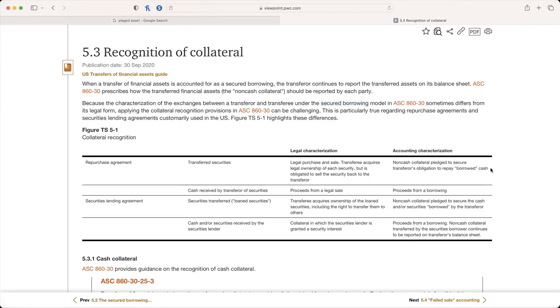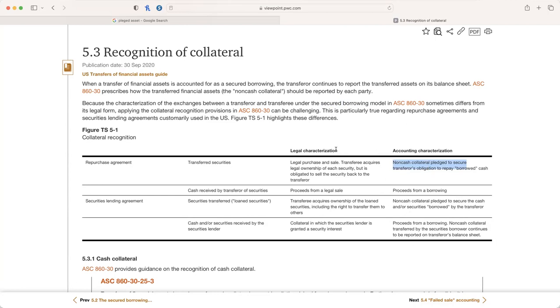Now, see, this should be making more sense to you. So the non-cash collateral was pledged by us to secure the transferor's, so the dealer's, obligation to repay borrowed cash. They borrowed cash. We didn't borrow cash. We didn't receive a loan.